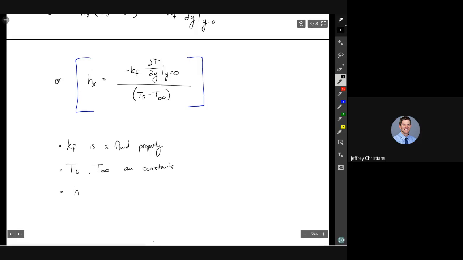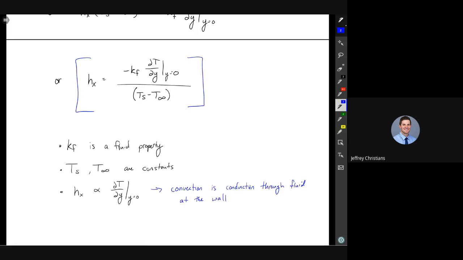And H is proportional to temperature gradients at the wall. So convection is really conduction through that area right at the wall.